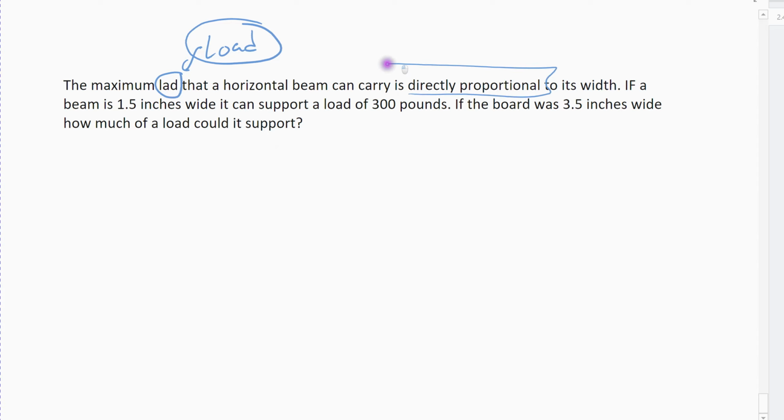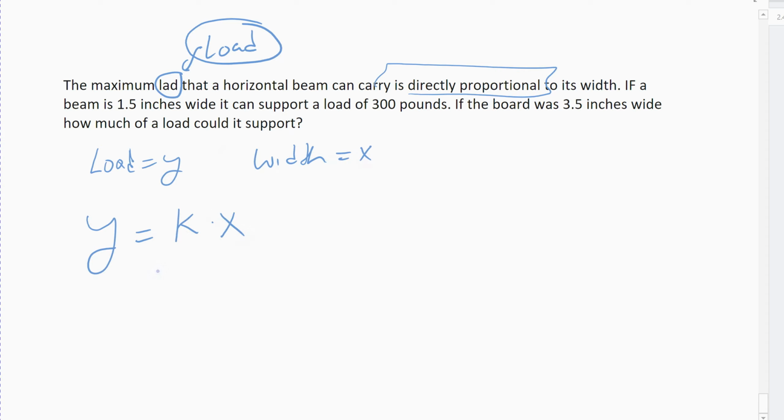And so again, there's the directly proportional, which tells me it's our special case. Alright, so I'm going to let the load be the y value, the width be the x value, because the load is directly proportional to the width, and so it'd be the equation y equals some constant times x.